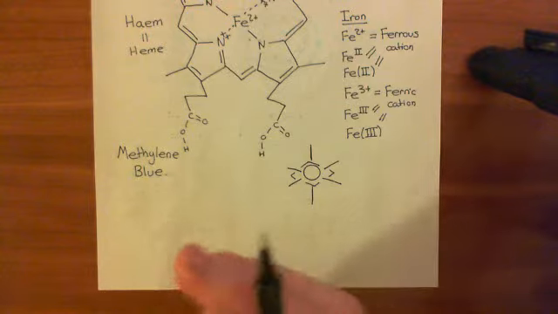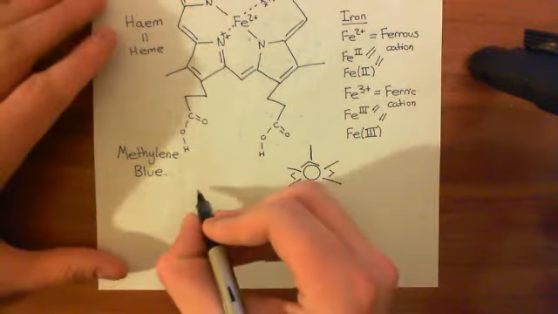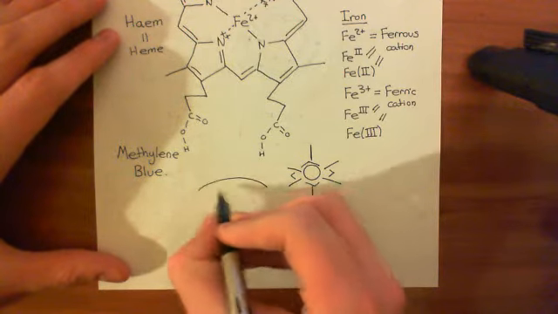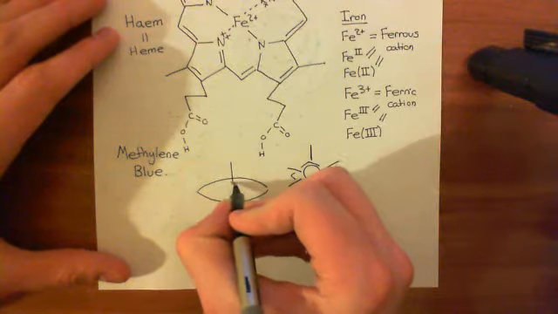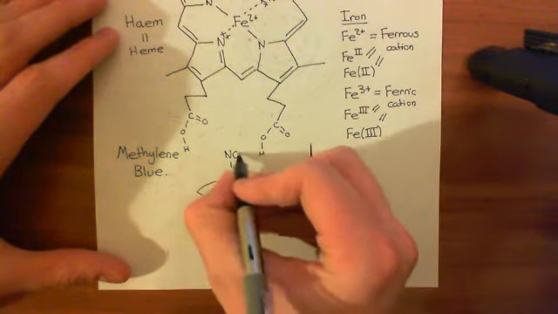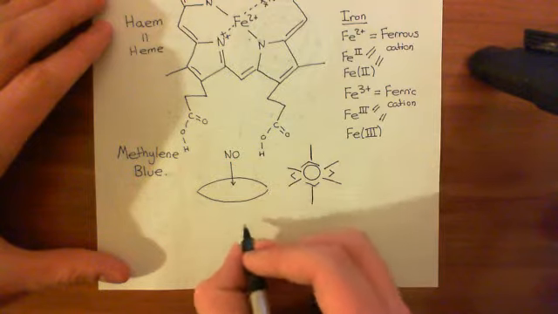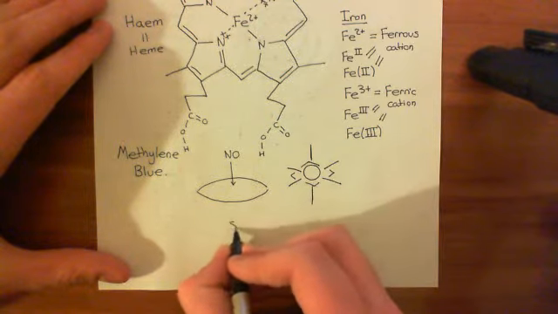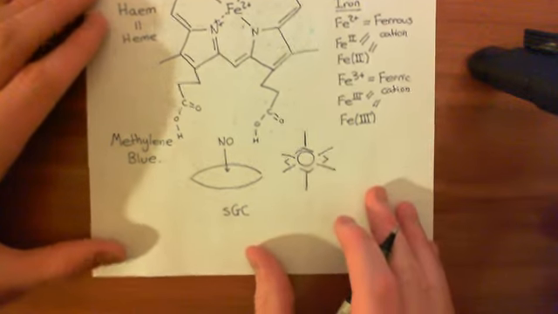Okay, so let me just remind you of the way that nitric oxide works on smooth muscle cells. If we have our vascular smooth muscle cell here, the nitric oxide comes in from the endothelial cell. So here comes the nitric oxide, and it's going to act on the soluble guanylate cyclase, which we'll just abbreviate to SGC.